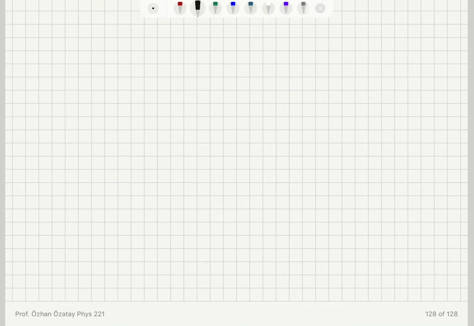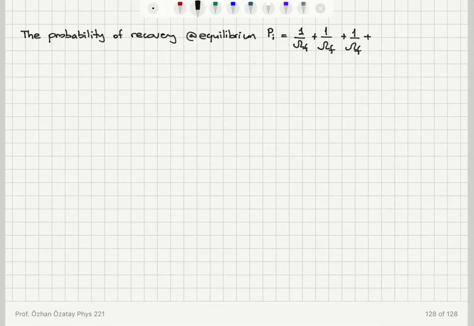So the probability of recovery at equilibrium: I'm trying to find the probability that only the initial accessible states are occupied. Since all states have the same probability, 1 over omega final for the first accessible state, plus 1 over omega final for the second, or the third, and I'm only considering the omega initial states.